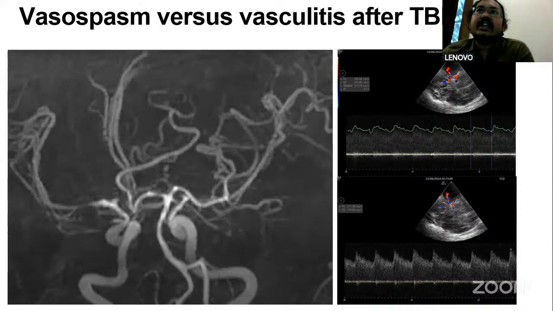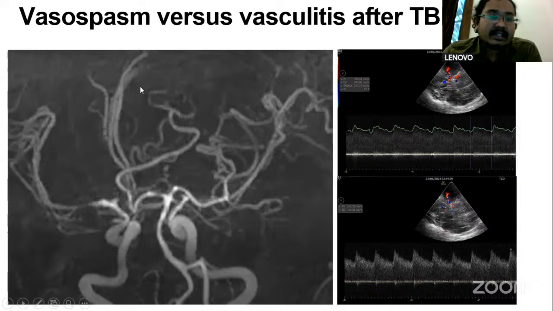The next day, the GCS dipped even further, and a repeat CT scan showed involvement of the right MCA as well. At that point of time we did an ultrasound and this vasospasm check. Here we can see that TAmax is around 313, and after therapy, it has slightly come down.